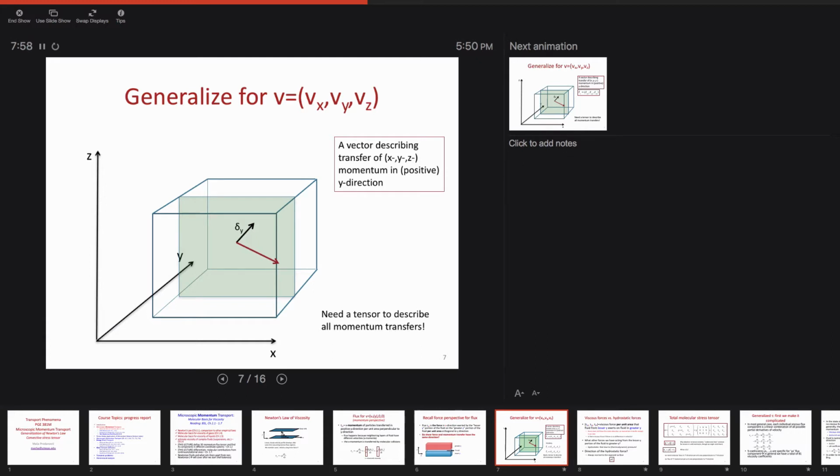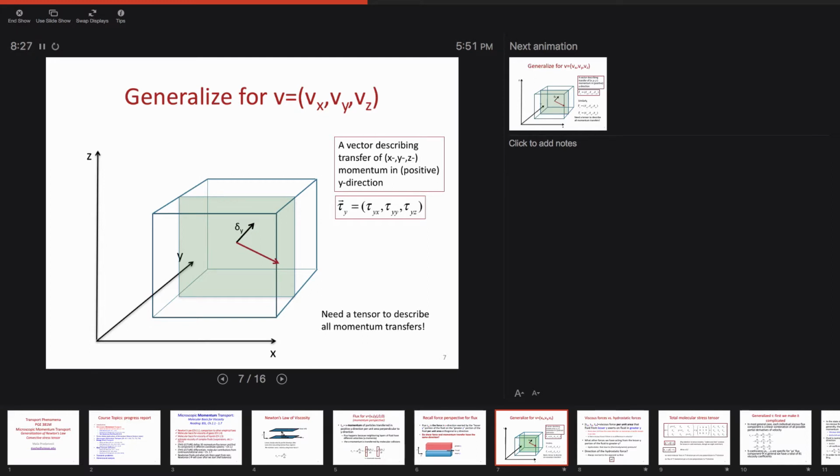And I can again look at the transfer of my x, y, and z momentum across this y plane. Since I have 3 things to transfer, I'm going to have a vector that describes this, and that vector I'm going to call tau y.